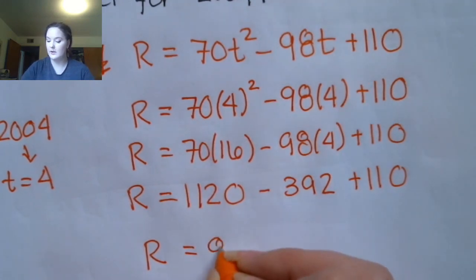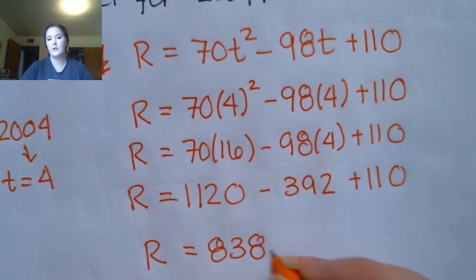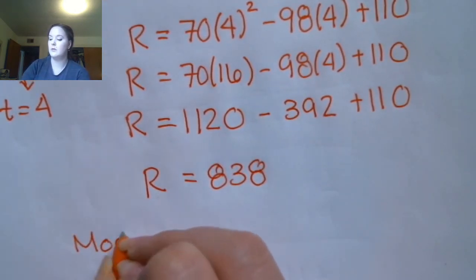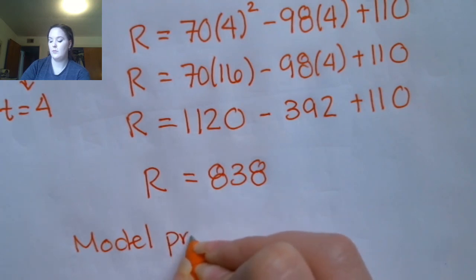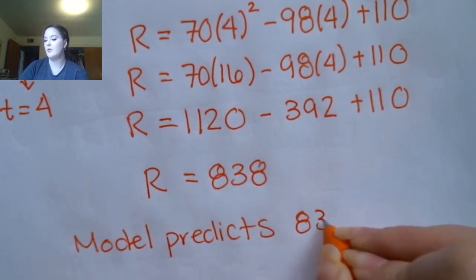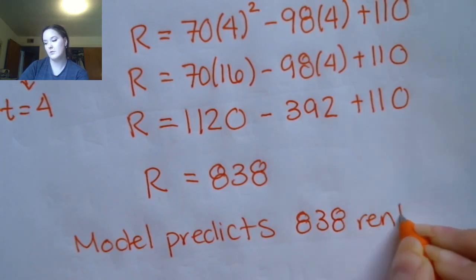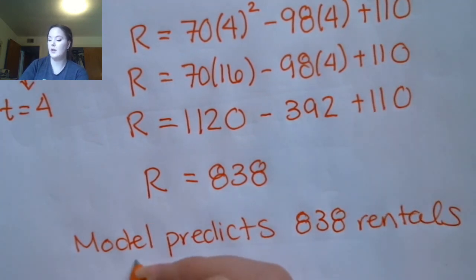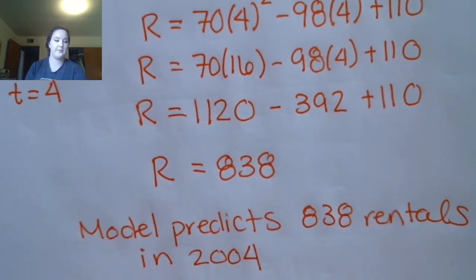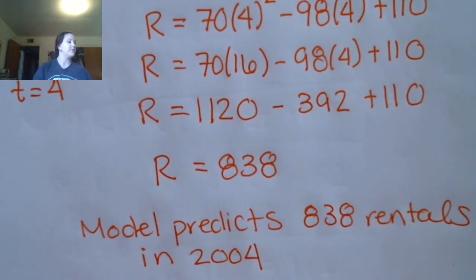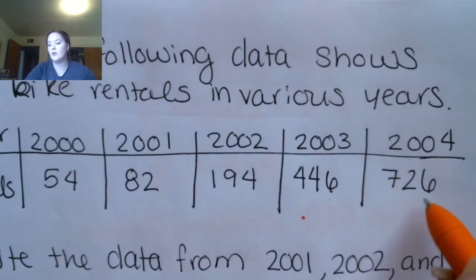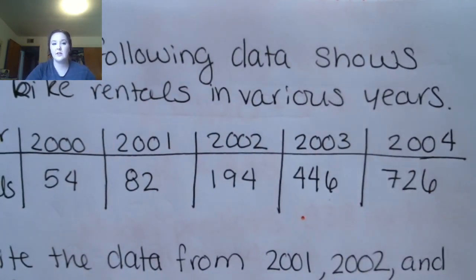I get 838. Okay, so our model predicts 838 rentals in 2004.